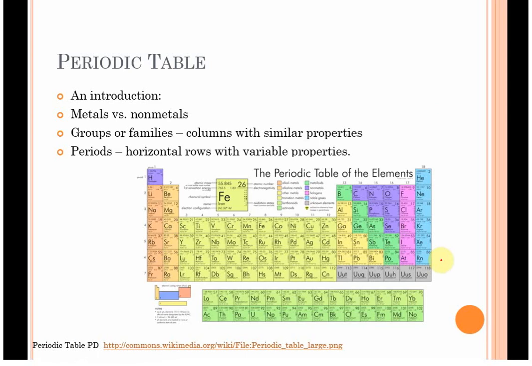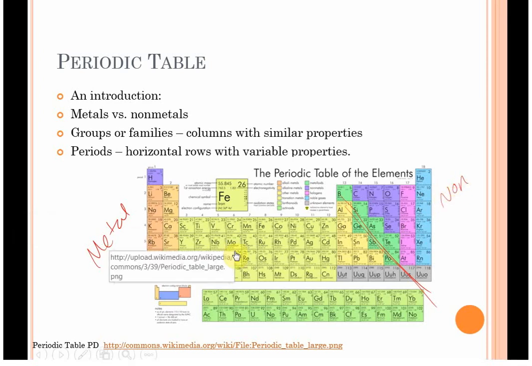I'm going to spend just a little bit of time on the periodic table and just point this out real quick. Now, most of the periodic table is metals. You have the metalloids, which have properties of both, right here. Everything to the left are metals. Everything to the right are nonmetals. Metals are shiny.